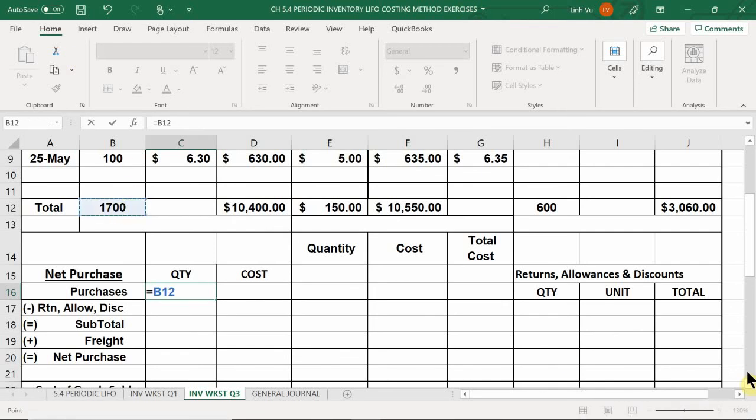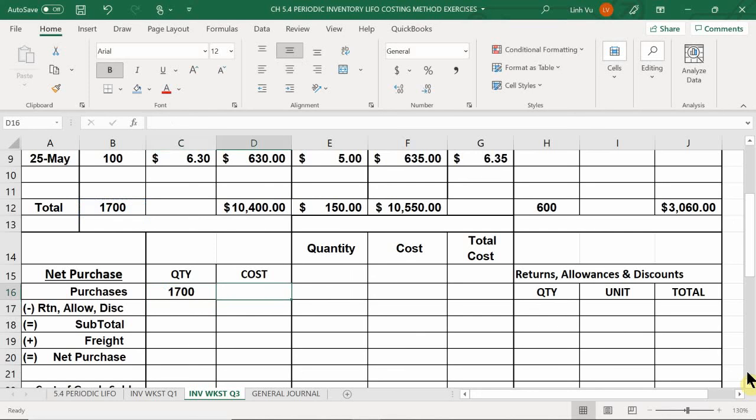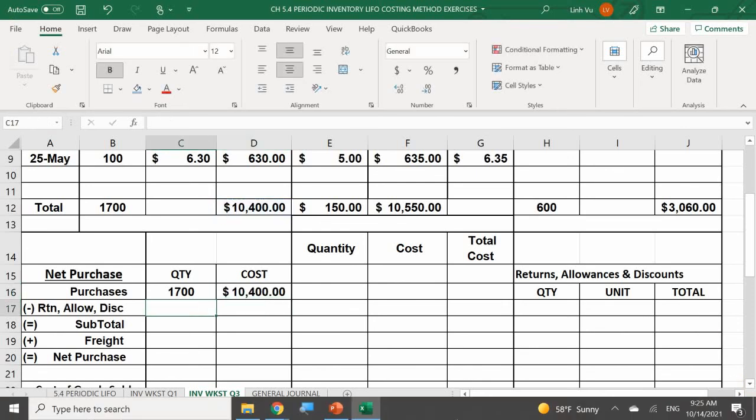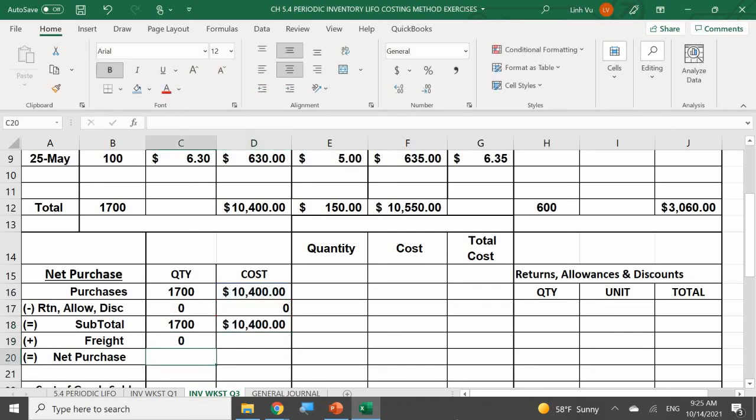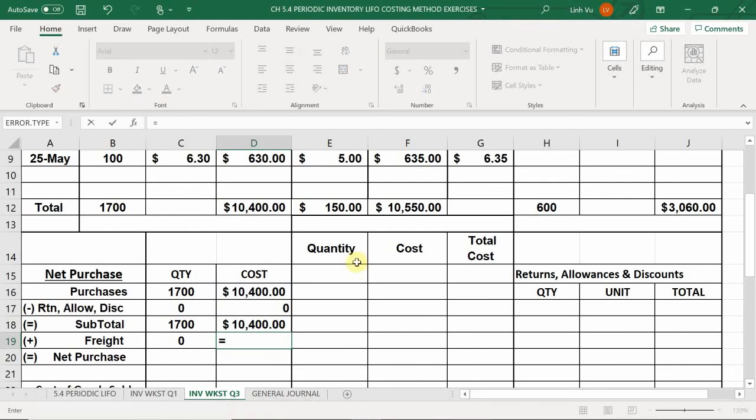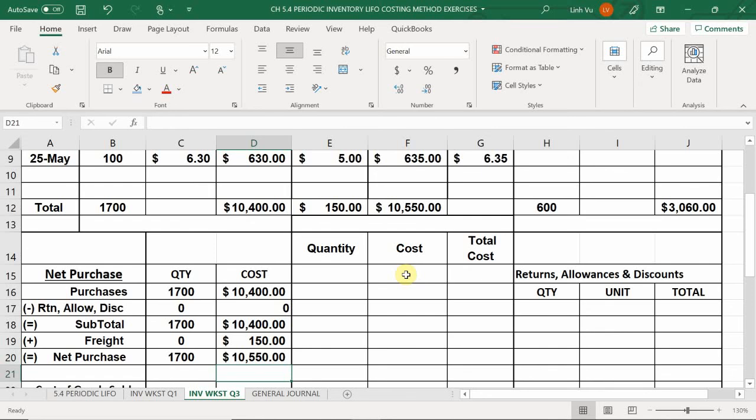I purchased a total of 1,700 units at a total cost of 10,400. No purchase returns or allowances, so my subtotal is the same. Freight adds nothing to quantity, but we need to add our 150 to the cost. So I should have total net purchases of 1,700 units at a total cost of 10,550.